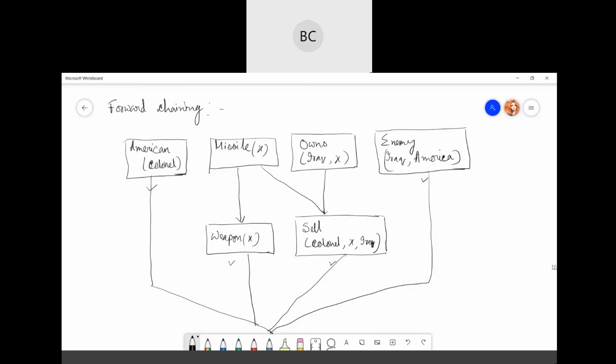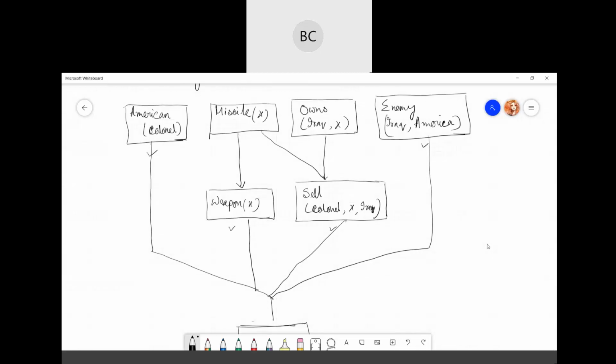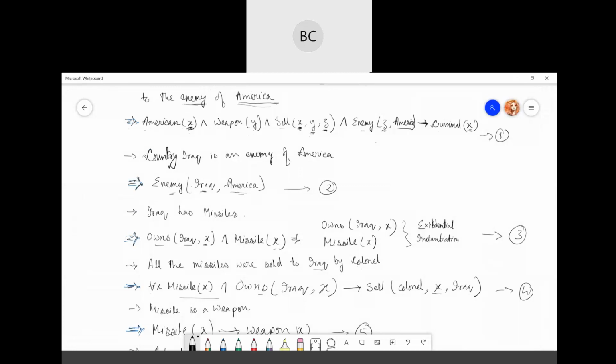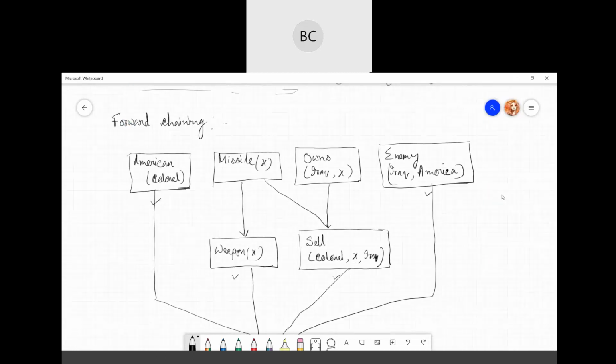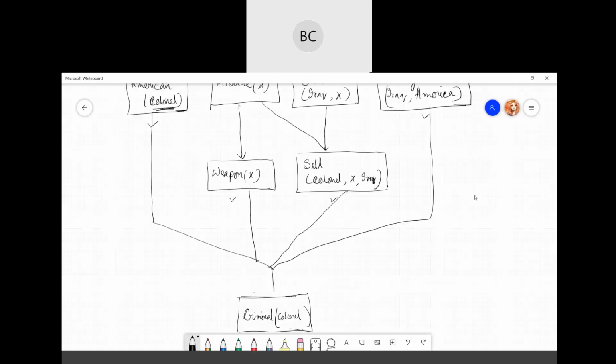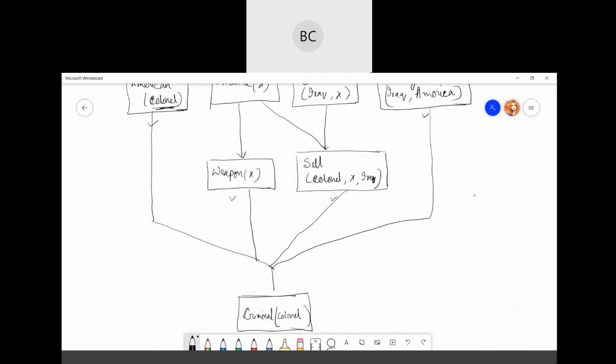But in the end, in the last one, we mainly care about the person. You just match with the first logic, X and American X. So here we will only substitute colonel in place of X. So is the criminal colonel? So this is the proof that colonel is criminal using forward chaining.